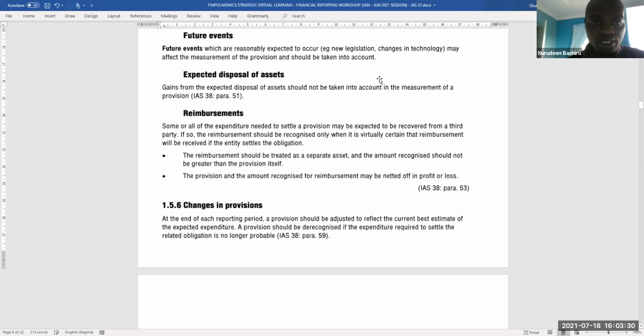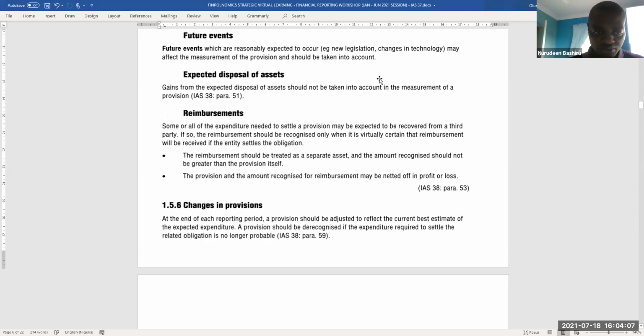If so, the reimbursement should be recognized only when it is virtually certain that reimbursement will be received if the entity settles the obligation. The reimbursement should be treated as a separate asset, and the amount recognized should not be greater than the provision itself. So, the provision and the amount recognized for reimbursement may be netted off in profit or loss. IAS 37, paragraph 53.